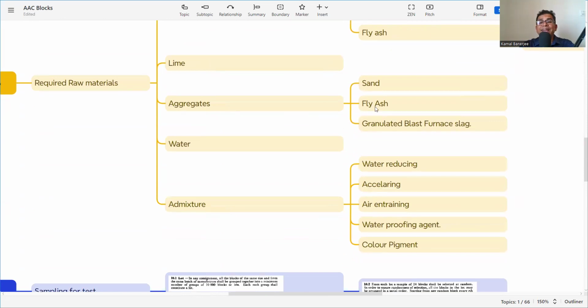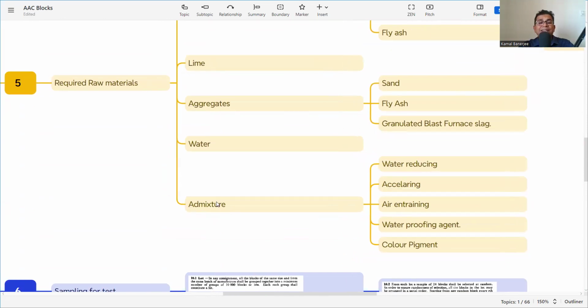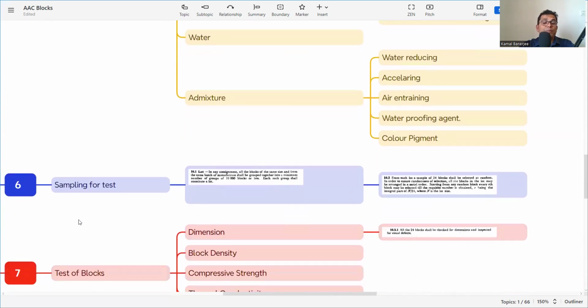Aggregate can be sand, fly ash, and granulated blast furnace slag. Admixtures can be water reducing, accelerating, air entraining, waterproofing agent, and color pigment. These are all the ingredients, and the combinations will be made as per the requirement and physical properties, whatever the client or consultant requires, and accordingly the mix design will be changed and the blocks will be prepared.